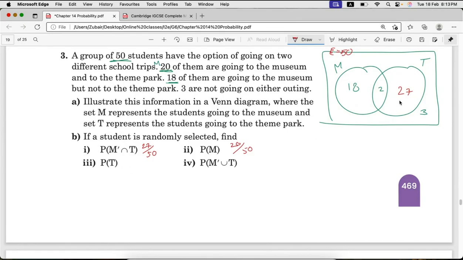T alone is 29 by 50. This time it is M complement union T. So M complement is 27 and 3, and we make it union with T, so 32 by 50.